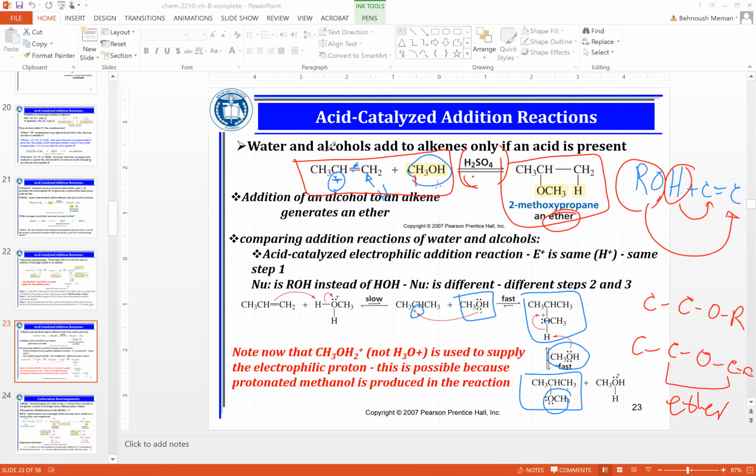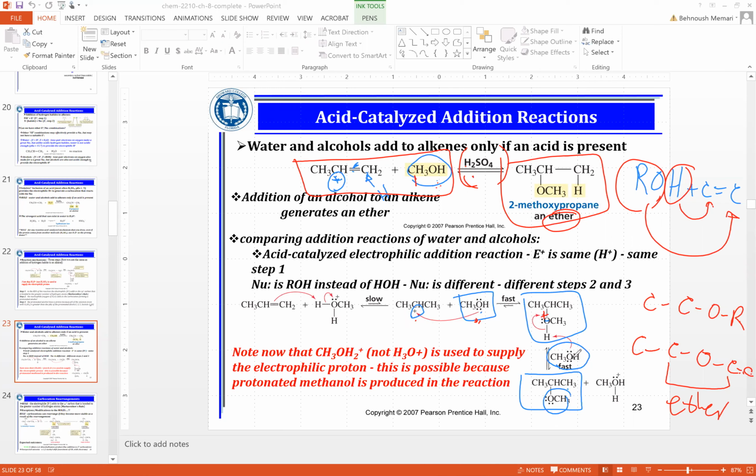A carbocation is going to form first, and then alcohol would add to the carbocation, and you have to remove a hydrogen. We already saw in addition of water and addition of alcohol that because alcohol and water are both neutral and you're adding to a carbocation, it cannot cancel the plus charge. So the plus charge is going to stay.